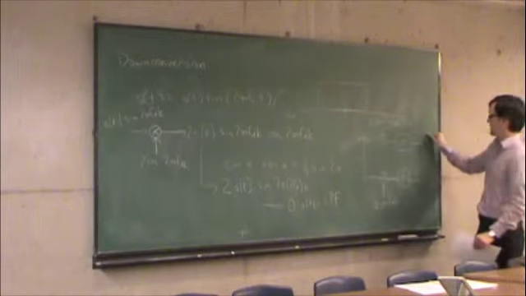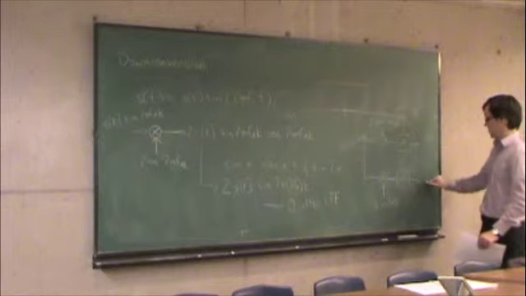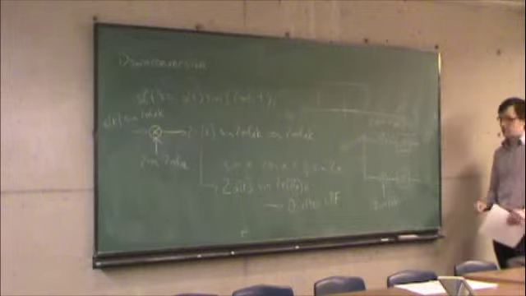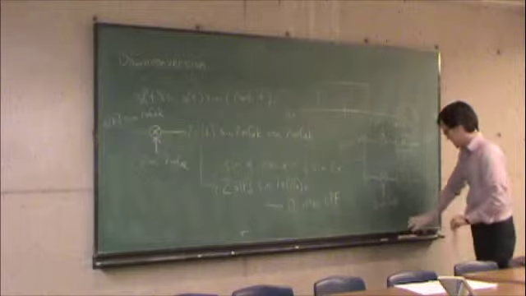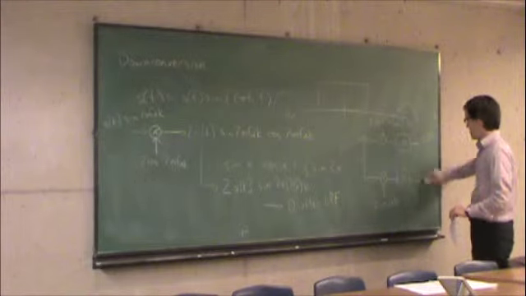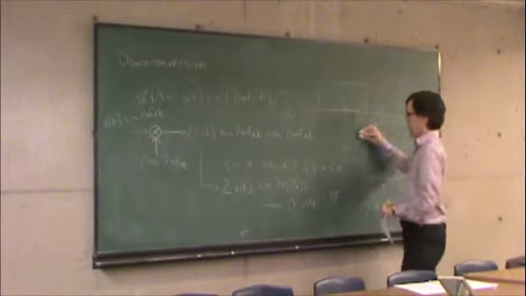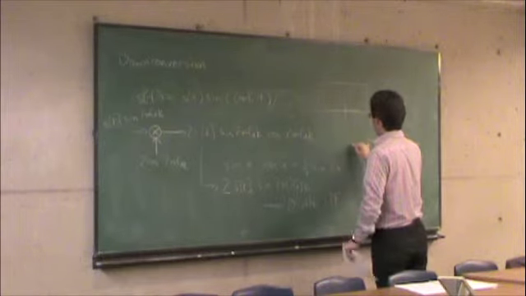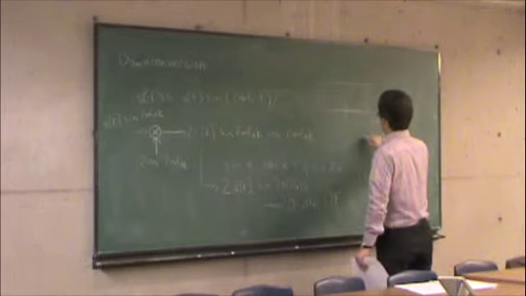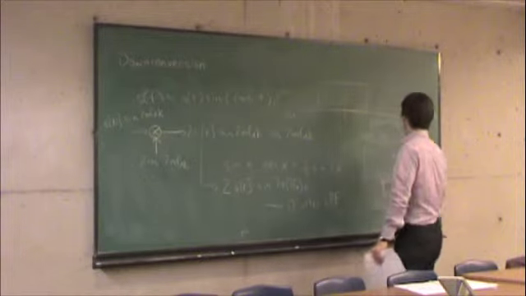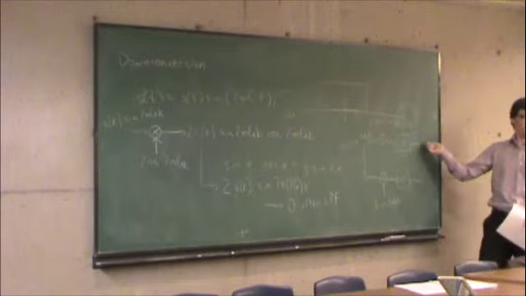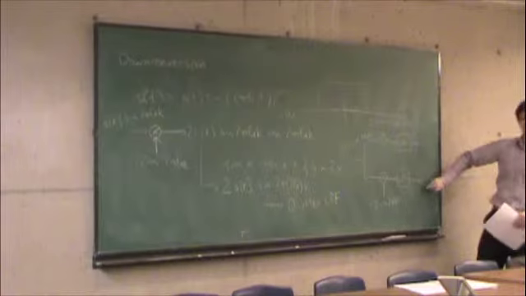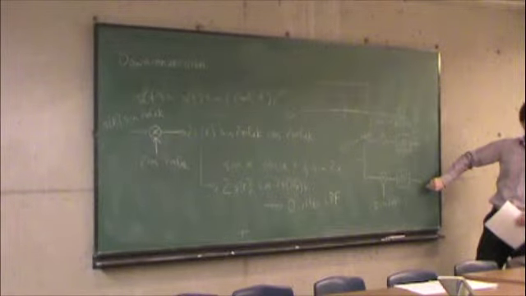Over here I get S of k, and over here I get 0. On the other hand, if I have S of k times sine 2 pi f d k, what do I get from this leg? 0. And from this leg, S of k.